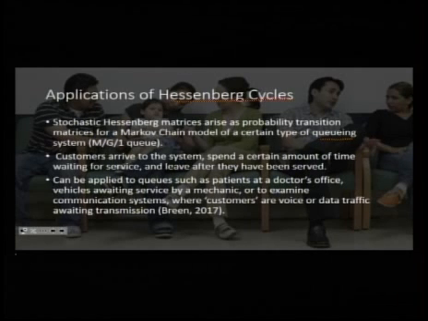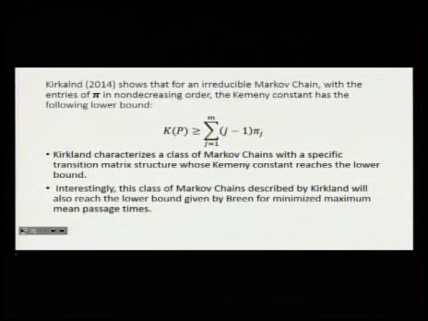Basically, customers arrive to the system, they spend a certain amount of time waiting for service, and then they leave after they've been served. We've seen some examples of that with barbershops and an Italian restaurant. These Hessenberg cycles can be applied to queues such as patients waiting at a doctor's office or vehicles awaiting service by a mechanic and so on.